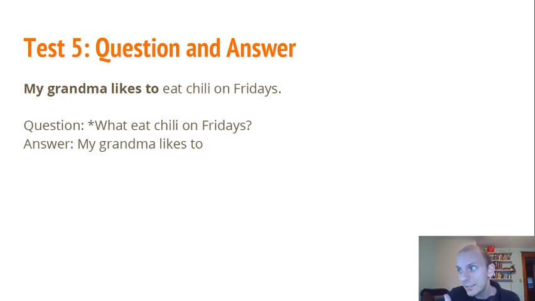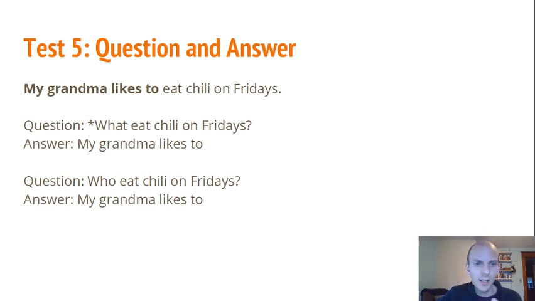If it's weird, it's out. We're very judgmental in this. I mean, we're running tests, so we're allowed to be judgmental. We could try different questions, though. Maybe we just asked the wrong question. It's possible. So we could ask, who eat chili on Fridays? The answer to which we would ideally have be, my grandma likes to.